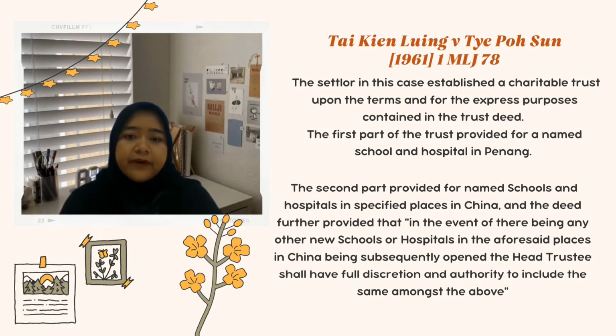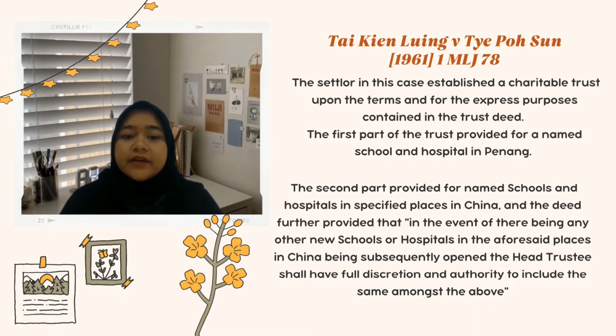The second part provided for named schools and hospitals in specified places in China, and the deed further provided that in the event of there being any other new schools or hospitals in the aforesaid places in China being subsequently opened, the head trustee shall have full discretion and authority to include the same amongst the above.